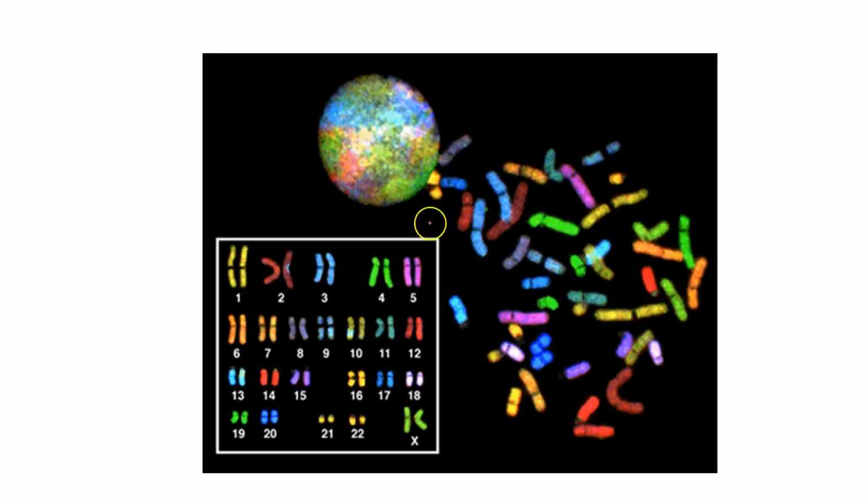Here's kind of a cool picture which shows what's known as a karyotype. So a karyotype is kind of an assessment of an organism's chromosomes. All the chromosomes get stained and then kind of photoshopped, so to speak, and arranged and categorized. And what you're seeing here represents what a nucleus might look like prior to cell division.